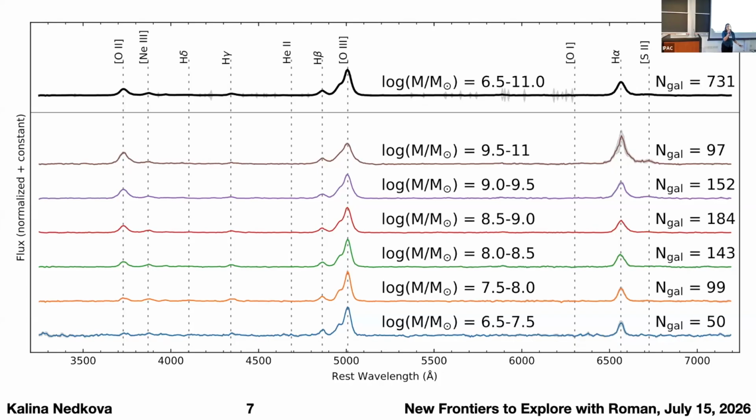And you can see some really cool things here. For example, you can see evidence of the mass-size relation. You can see that these emission lines are getting broader as you go up to higher masses. Another thing that you can notice is that the H-alpha line gets much stronger relative to the O3 line for the more massive galaxies. And so there's a lot of very cool physics in here.